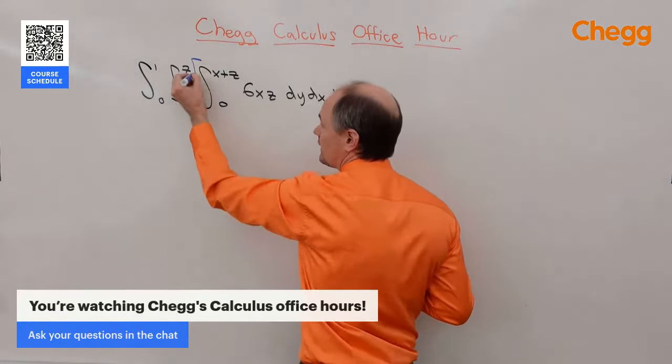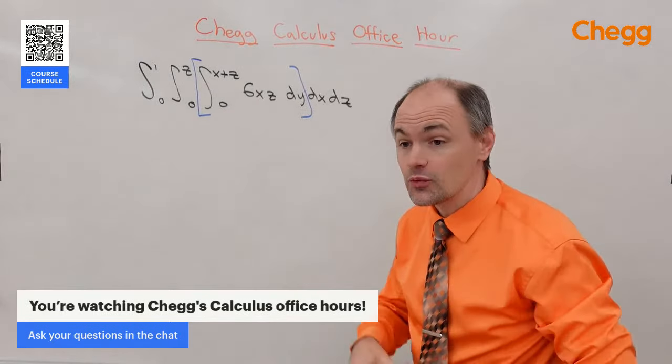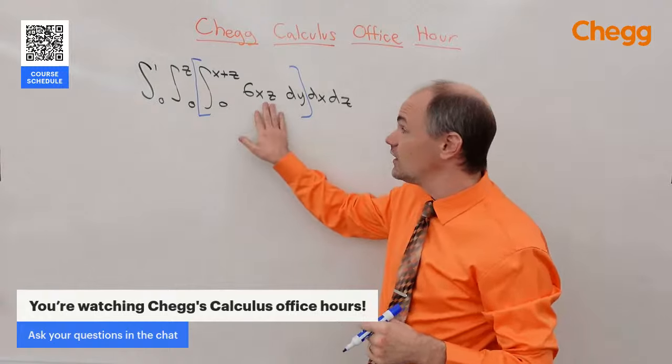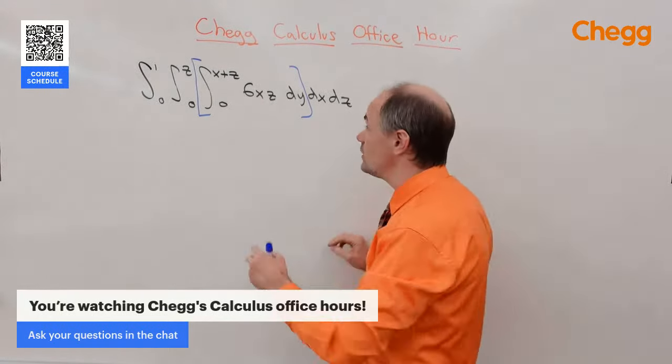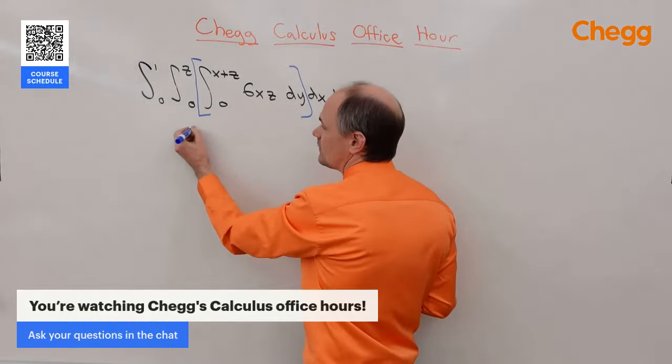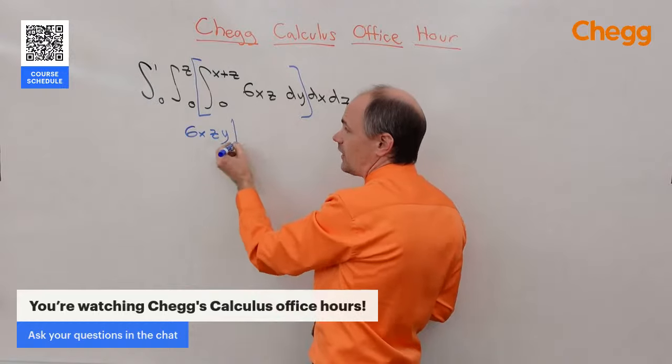Looking at the inner integral, we're integrating dy, so we're integrating with respect to y. I don't see any y's, which means this is a constant in terms of y. The antiderivative of a constant is that constant times y, our variable.